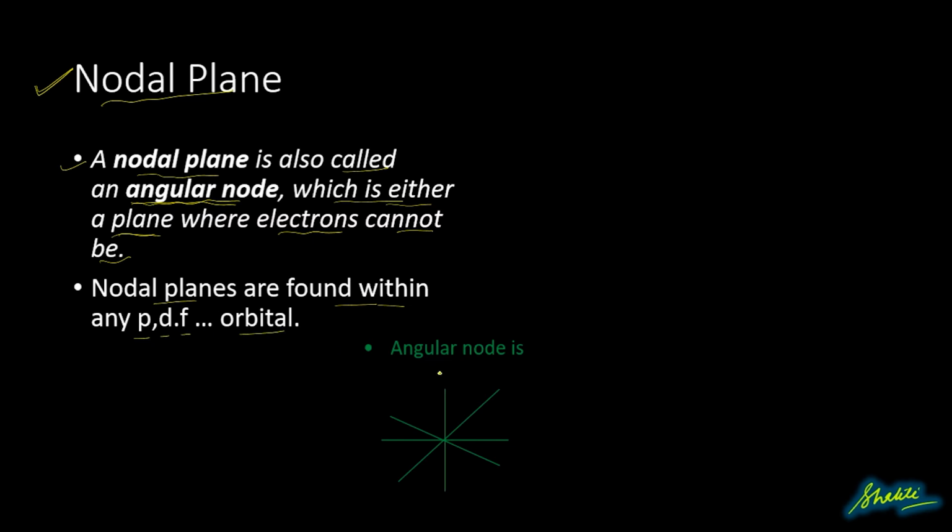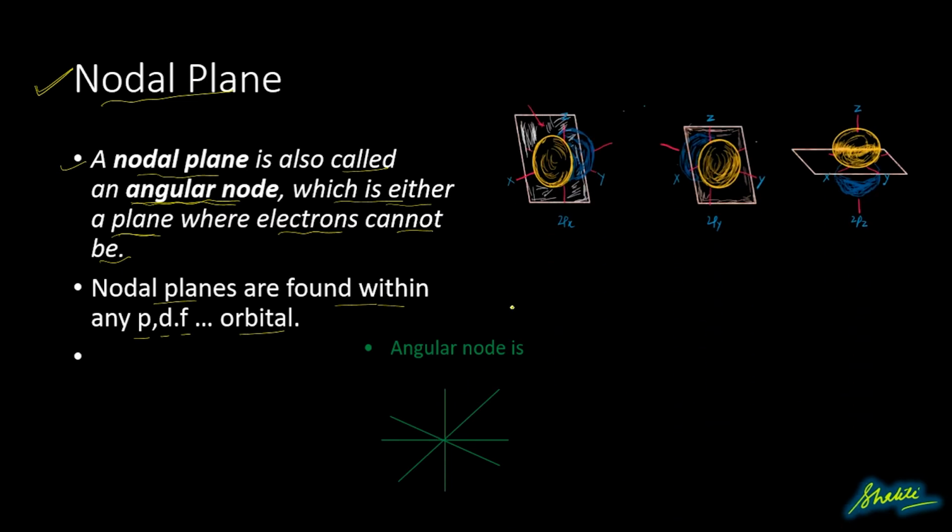This is an angular node which I have shown you, and here you can see 2px, 2py and 2pz orbitals. This is the px orbital which I showed you earlier, and this is a plane which separates these two lobes, where the probability of finding the electron is 0.